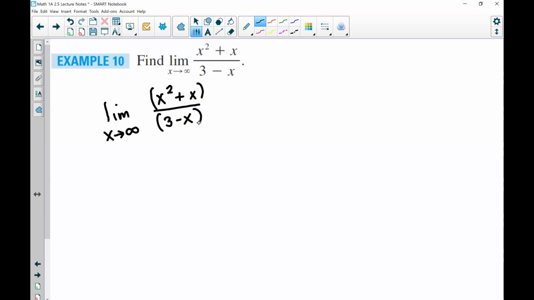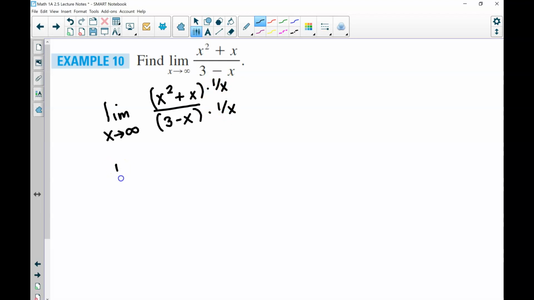We want to do something similar to a previous example. We're going to divide the numerator and denominator by x, which is the highest power of x that occurs in the denominator. So in the denominator, the highest power of x is x. So we're going to multiply the numerator and the denominator by 1 over x.